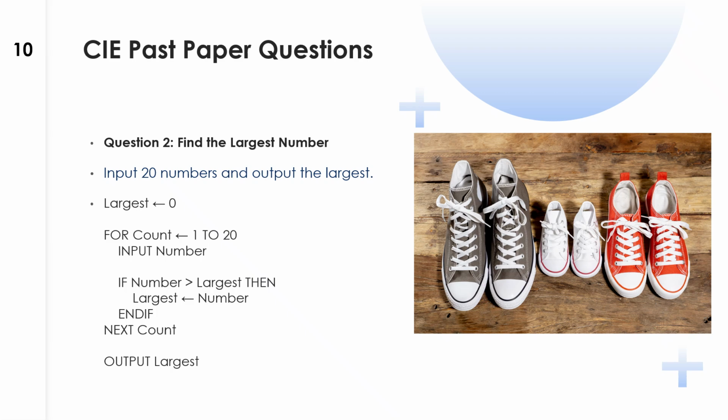Once the entire for loop is completed, we know for sure that the largest value now present in the variable will be the largest among all the numbers taken as input within the for loop. Once we have come out of the for loop, only then do we output the largest value taken as input by the user.